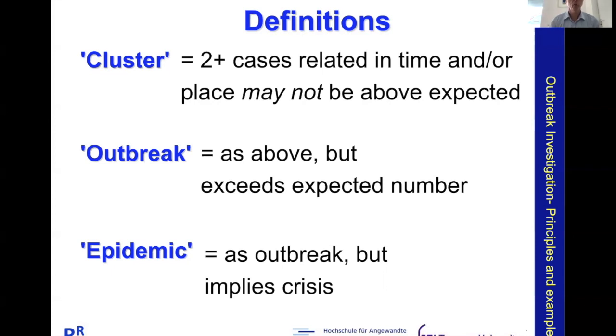People are a bit more worried if they hear about an epidemic than if they hear about an outbreak. But in principle, in both cases, it's more cases than expected of a certain disease. So it's something where we would want to find out what the cause is and how we can stop it.